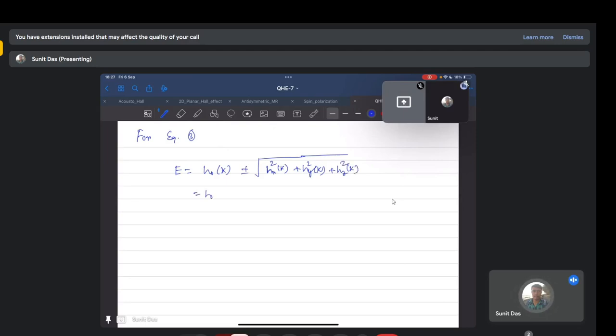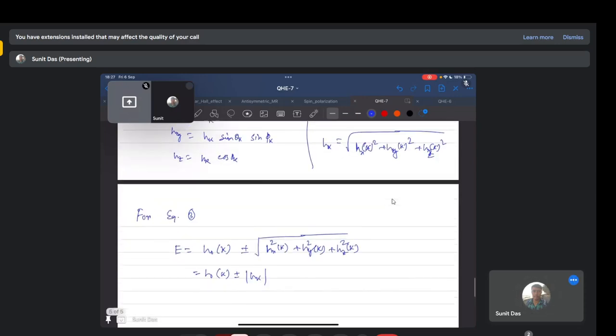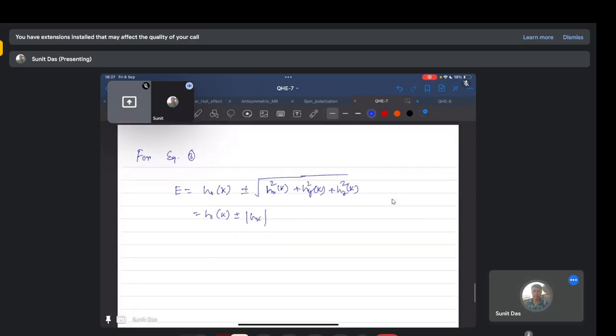This is h0 of k plus minus simply the mod of hk, or you can write hk itself. So this is the general expression for energy for any 2 by 2 Hamiltonian.